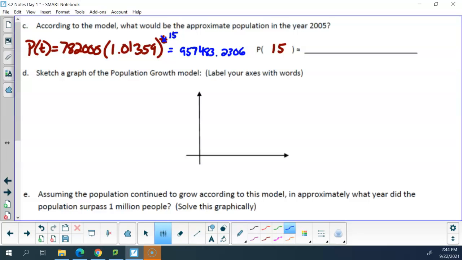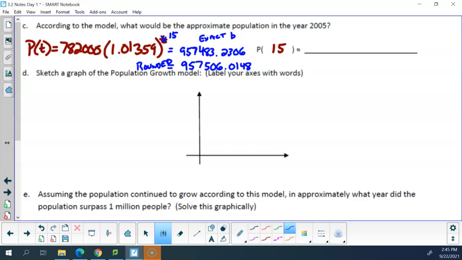If I would have used 1.01359, I'd get 957,506.0148. It depends on which B you use.